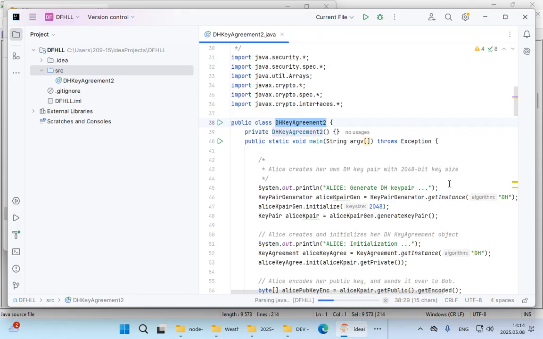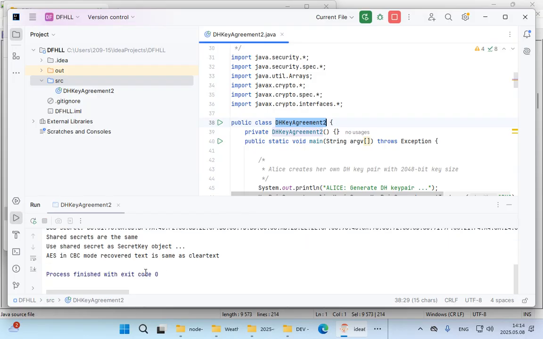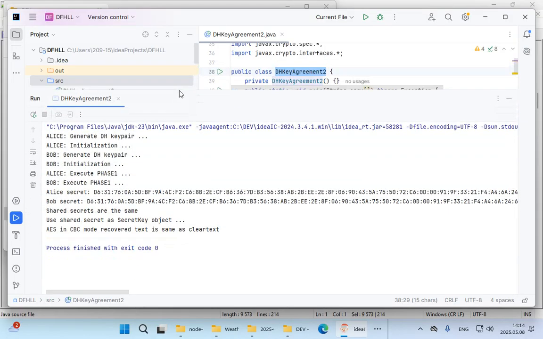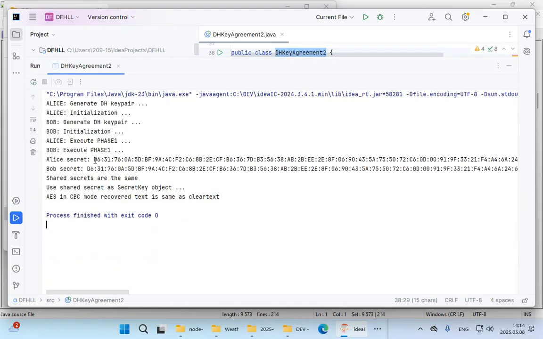And here you can see how the keys really look. If you have, for example, 2048 bits, this key will look like that. You can see Alice secret key and Bob secret key, and they are the same, but the keys look like that.